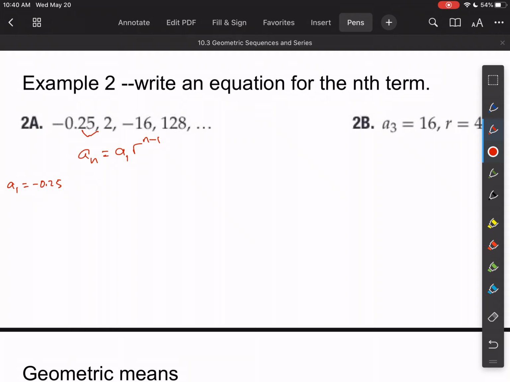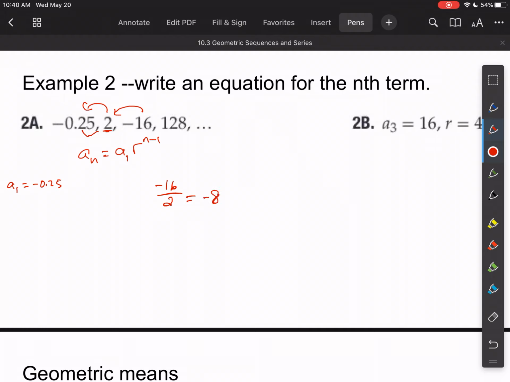We can figure that out by taking the second number in the sequence and dividing it by the first, or you can do that with any of these. Like you could take the third, if it's easier, and divide it by the second. So to find r, I could take the negative 16 and divide it by its previous term to figure out what I'm multiplying by each time, if that makes sense.